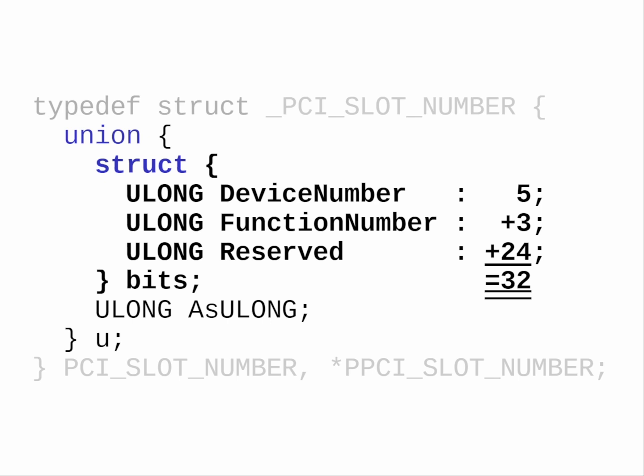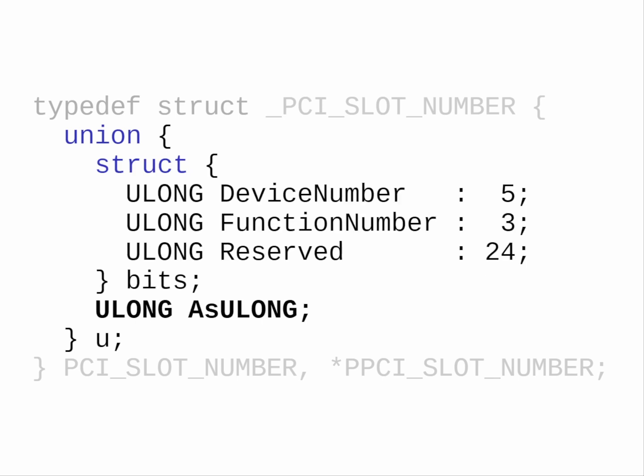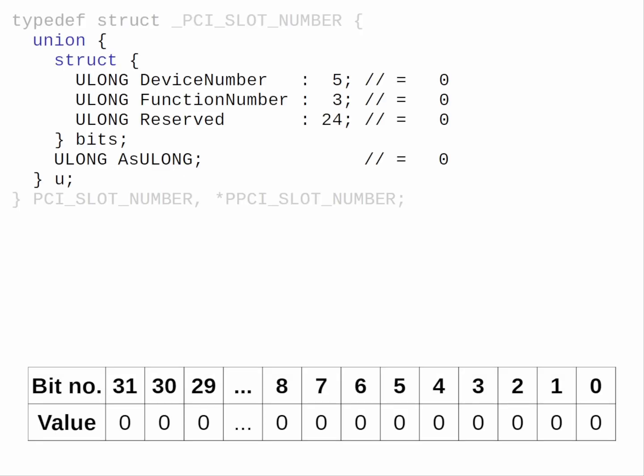The bits struct contains the PCI index fields we just discussed and has a size of 32 bits. The union also contains an unsigned long field, as ulong, whose size also happens to be 32 bits. Because U is a union, all of its members have to share the memory required for the largest single member. As the union members are 32 bits each, the entire union only occupies 32 bits.